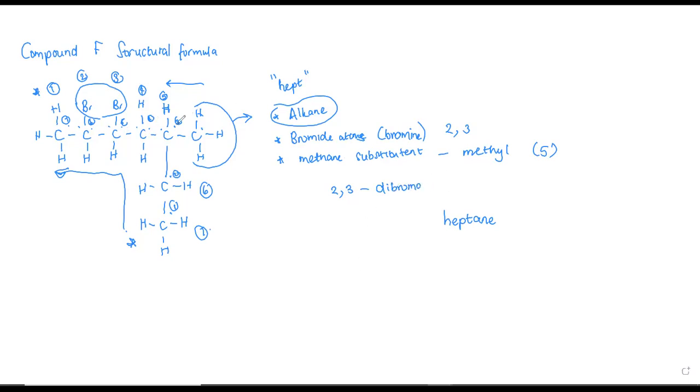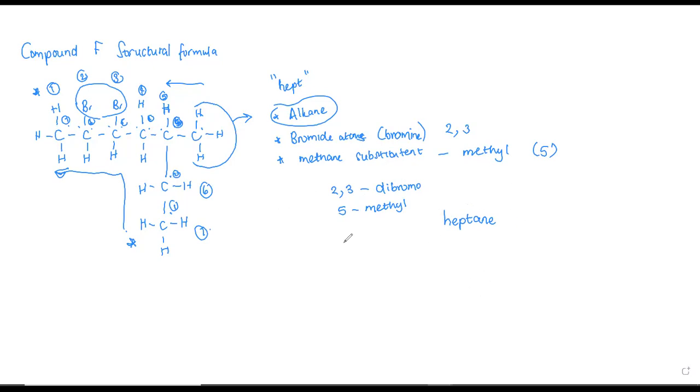And then in position 5, we have this carbon atom. We have this methyl substituent over here, which will be a 5-methyl substituent. Now we have to combine all of this into one single name.